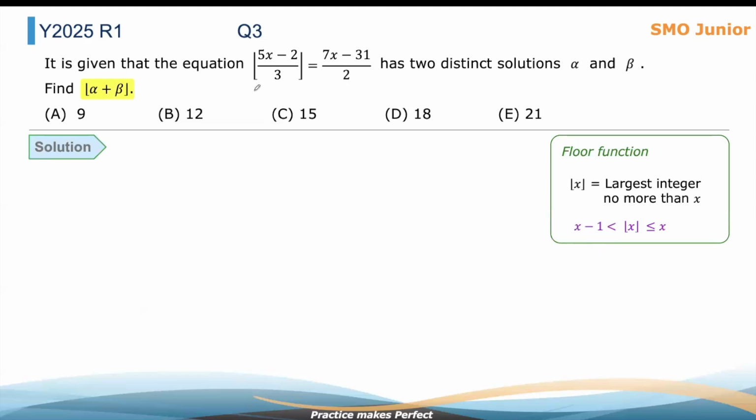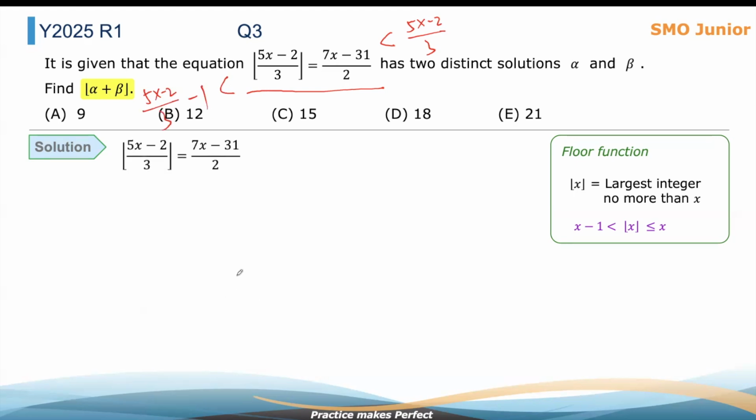So from the equation, we know this one is less than or equal to (5x minus 2) over 3, and greater than (5x minus 2) over 3 minus 1.